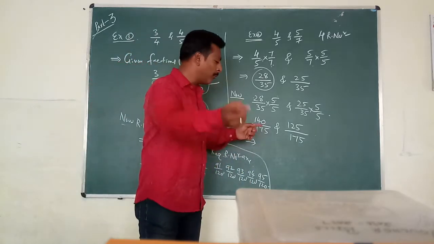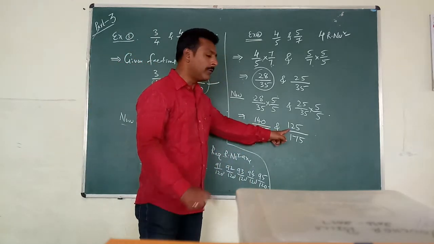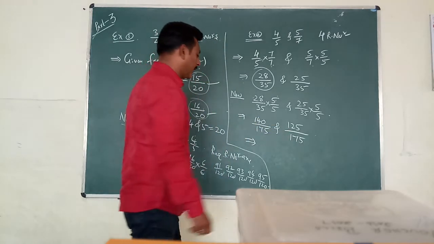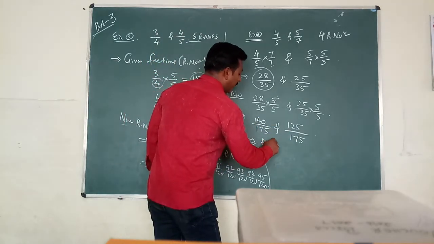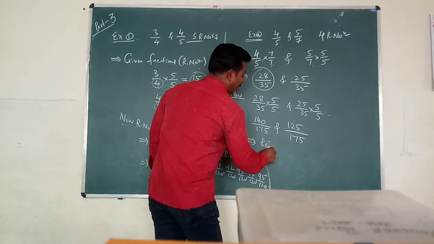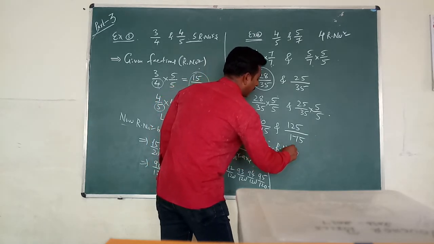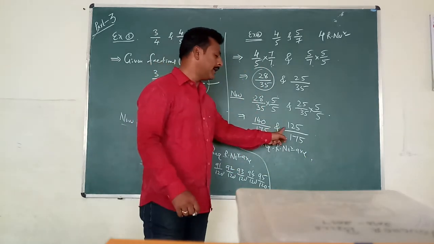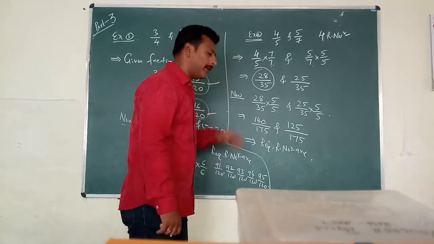You should not take more than 140. You have to take more than 125 and less than 140. So the required rational numbers should be more than 125 and less than 140.